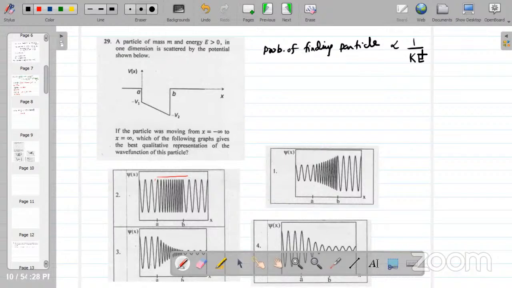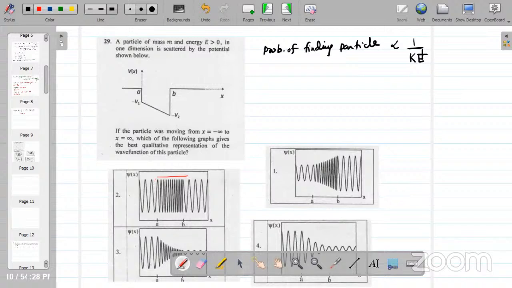Let's suppose I have two regions where in one region the particle has less kinetic energy compared to the other region. Then what will happen? We can argue with the classical idea. If in a particular region the particle has higher kinetic energy, it will move fast, so it will spend less time in the given region.